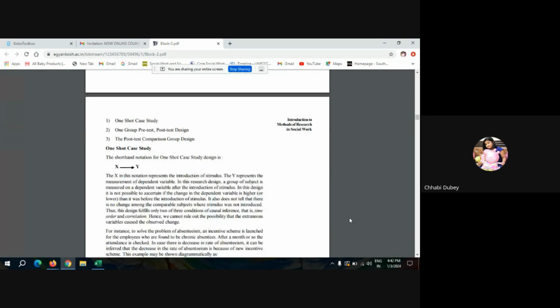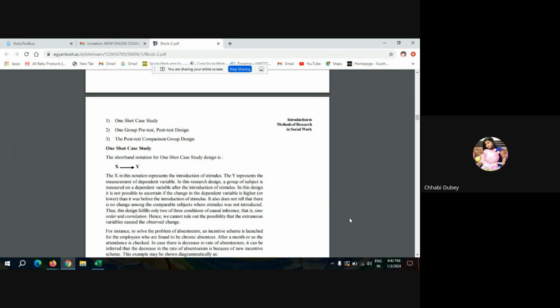In this research design, a group of subjects is measured on a dependent variable after the introduction of the stimulus. And in this design, it is not possible to ascertain if the change in the dependent variable is higher or lower than it was before the introduction of the stimulus. So here we do not know the pre-test condition.